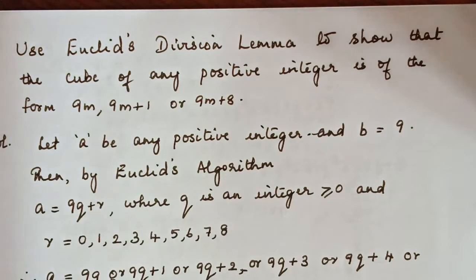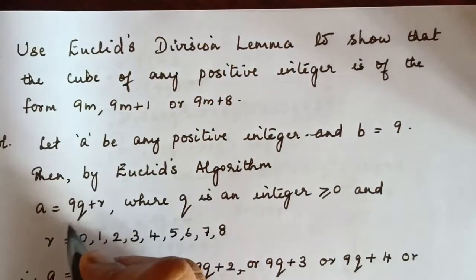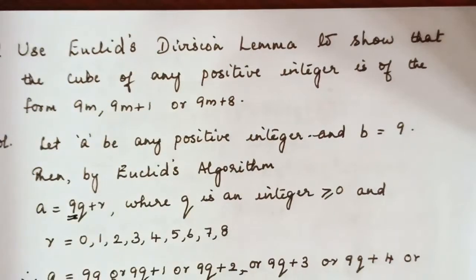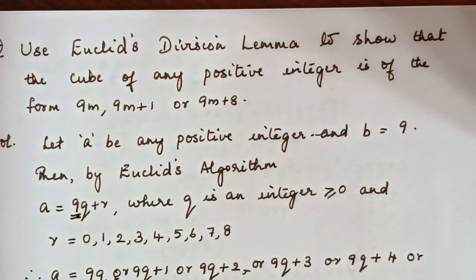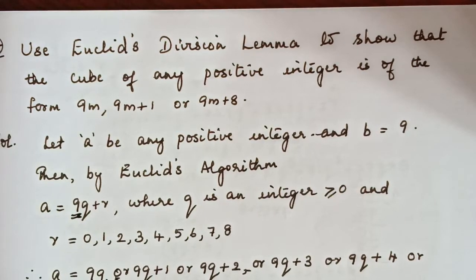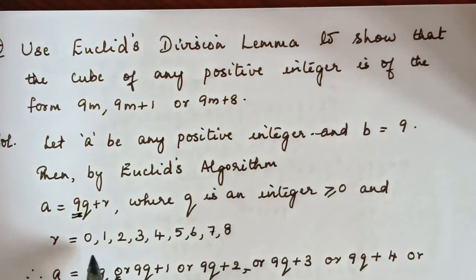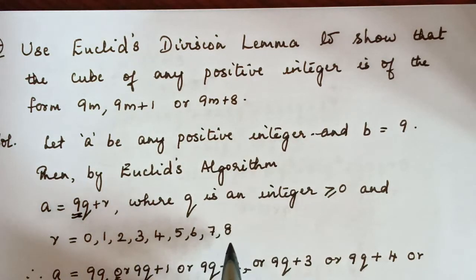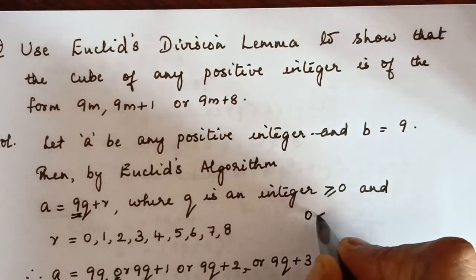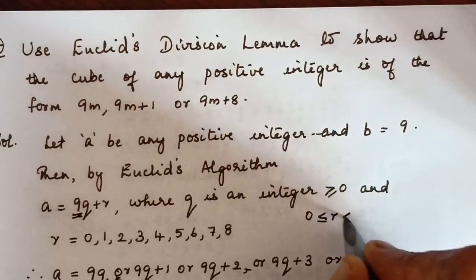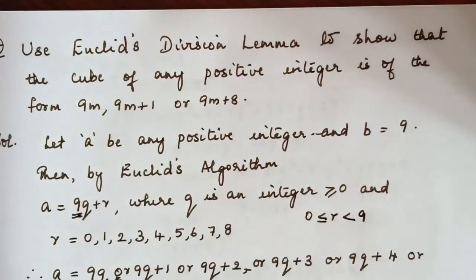So by Euclid's algorithm, a is equal to bq plus r. Here b is 9, so 9q plus r, where q is an integer greater than 0 and r is equal to 0, 1, 2, 3, 4, 5, 6, 7, 8. Because 0 is less than or equal to r, which is less than 9.